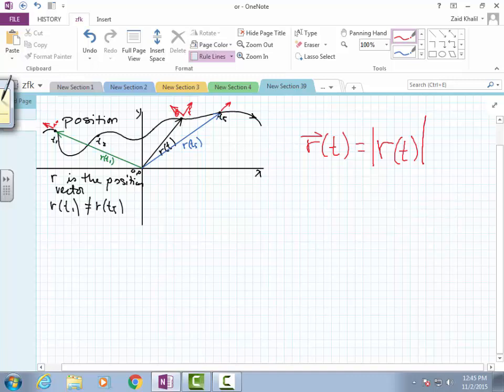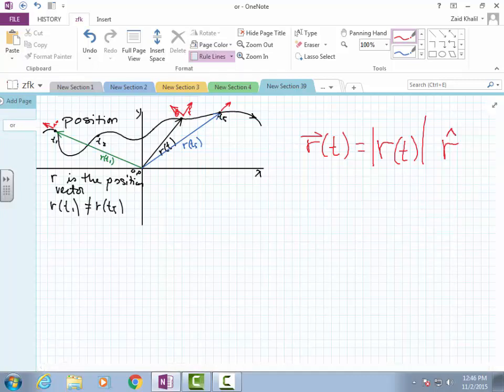In the r hat direction. Notice there's no component of the position vector that is not in the radially outward direction. It extends from the origin to some point in the plane.